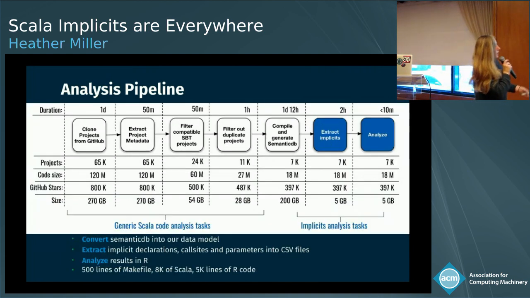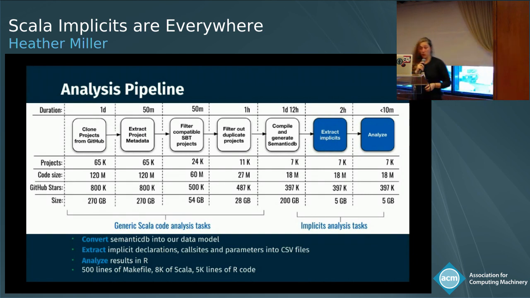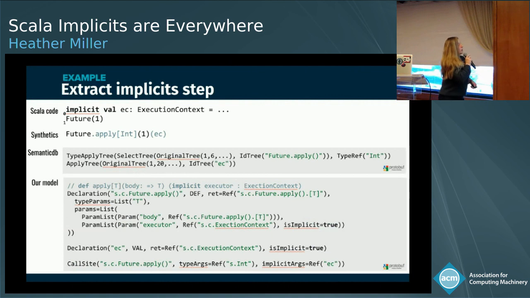Then we began the phase of extracting implicits and analyzing them. It's important to note that this is the part that's specific to implicits. The rest of this is reusable for anything that you want to statically analyze about Scala. Here's a quick glimpse of the extraction step.